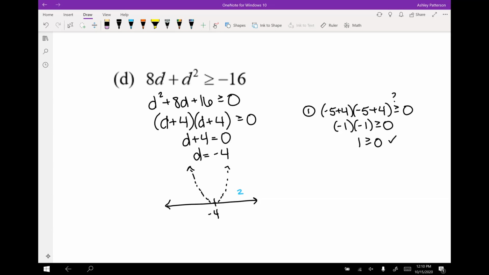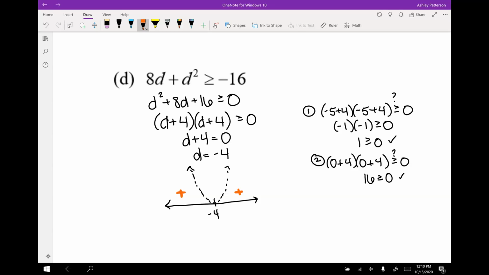Okay, so we do have solutions that lie to the left of the only x-intercept. Let's test to the right. A number that's greater than -4, yep, you knew it, 0. So 0 plus 4 times 0 plus 4, is that greater than or equal to 0? Well, yes, because that's 16.